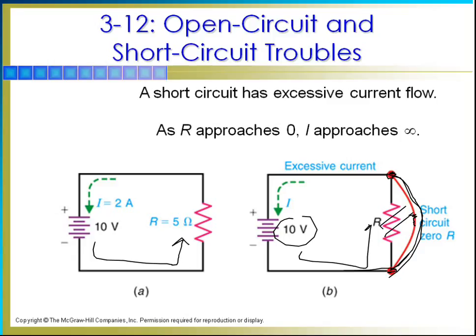Current will take the easiest path every time. So you got excessive current, which means you have high heat and a very hot piece of wire there until it either opens or your trace opens. Something bad is going to happen. And in all honesty, that is the end of chapter 3.